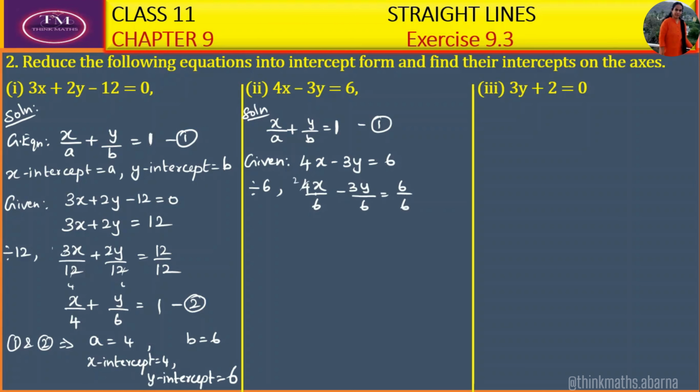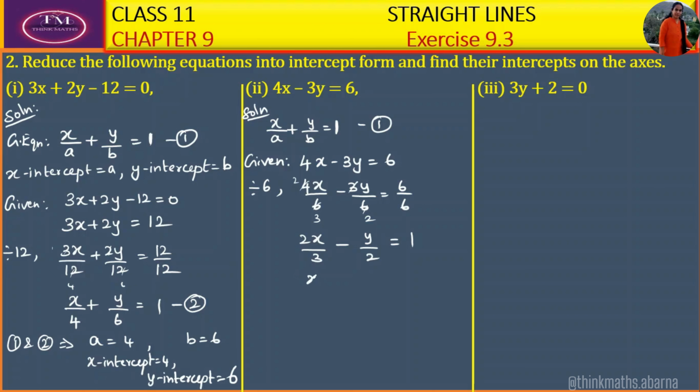So this is, 2 twos are 4 and 3 twos are 6. So we will get 2x by 3 minus, one threes, and 2 threes are 6, so y by 2 equal to 1. We need x divided by something. So this 2, when I take it to the denominator, it will move down.